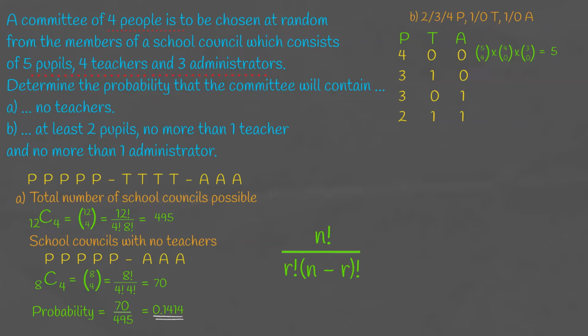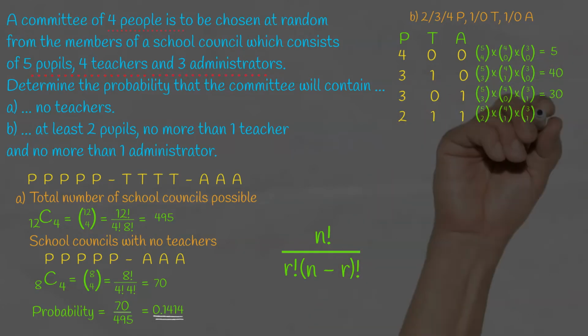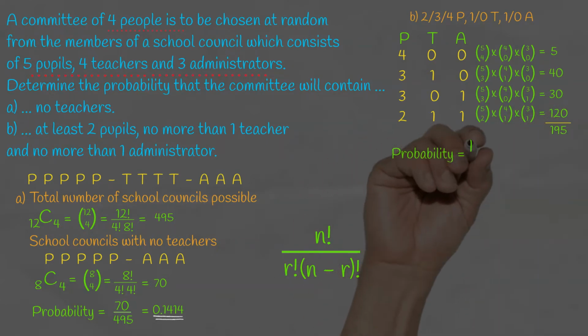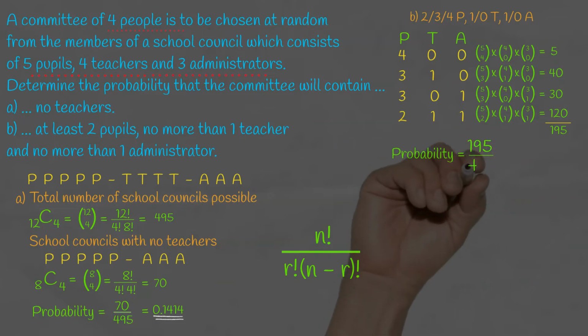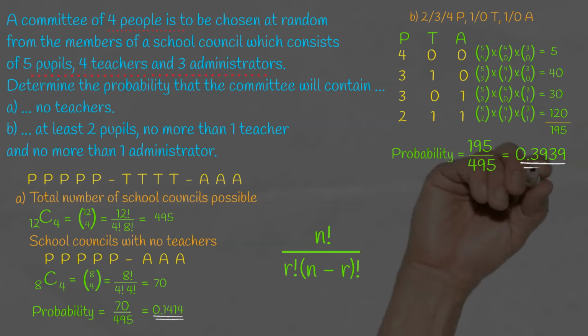And working this out for the remaining rows, which I won't go through in detail, you get 40, 30 and 120. And if you add them all up, you get 195. So the probability for part B is 195 divided by 495, which is 0.3939.